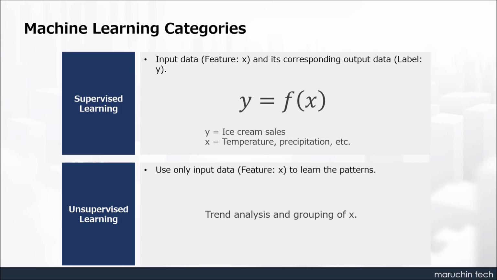For example, imagine we have input data such as temperature and precipitation, and output data such as ice cream sales. We use both to build our model. On the other hand, unsupervised learning uses only input data. The goal here is to learn the structures or patterns hidden within the data itself. Common tasks in unsupervised learning include analyzing trends or grouping similar data points together.